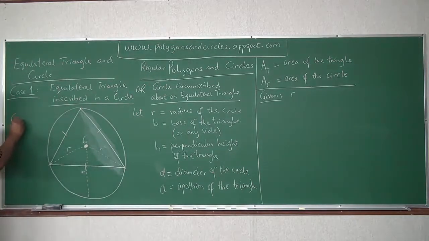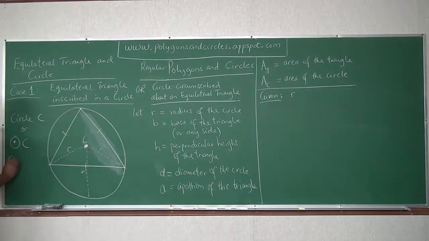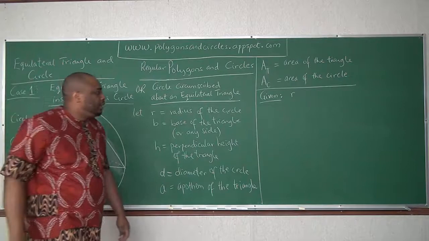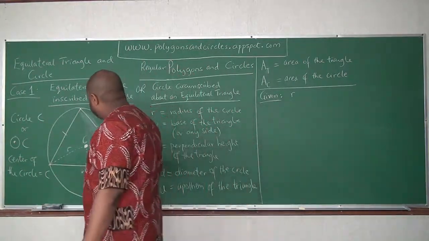Or you can just write it like this: C is the center of the circle. The center of the circle is point C.